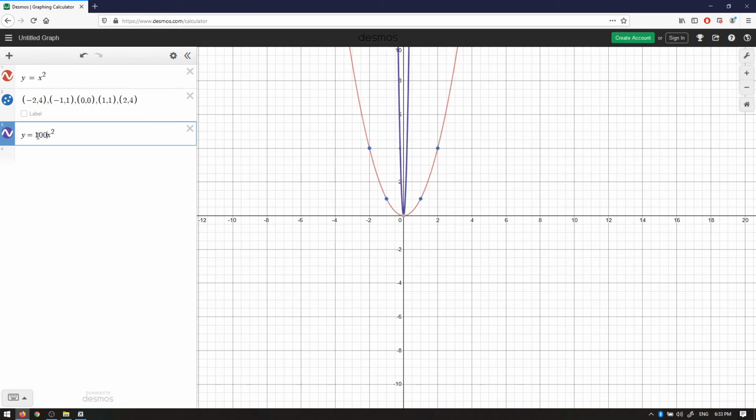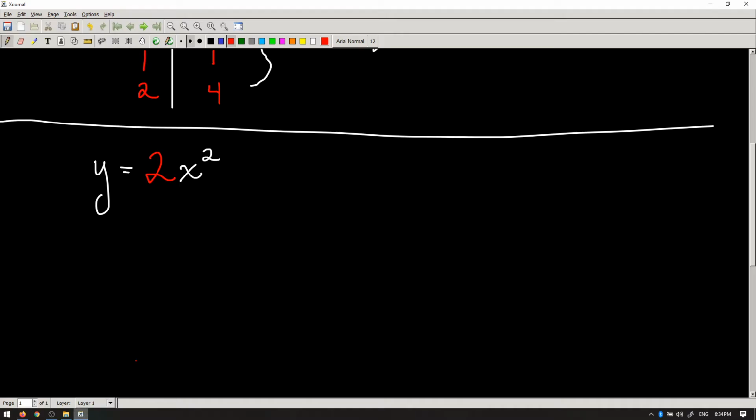And let's make it dramatic. y equals 100x squared. What this means is that if you make that a value, I'm going to call it the a value, more and more massive, if you make it larger and larger, then the curve gets stretched more and more and more and more. It gets thinner and thinner every time.